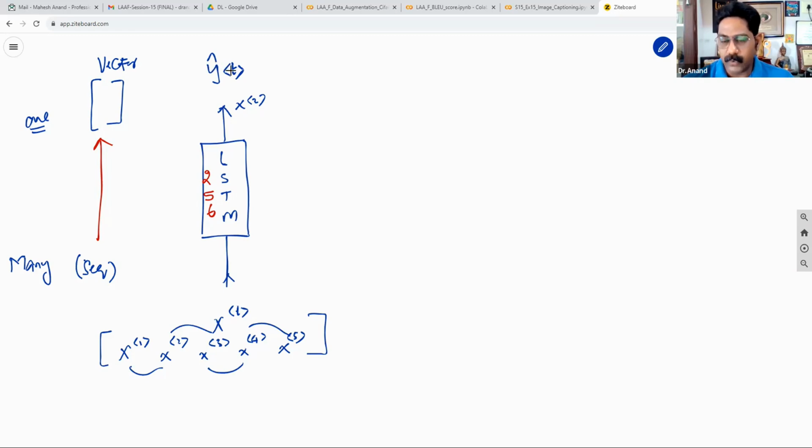Because every time your y cap of t is a vectorized representation based on your vocabulary. For the word sequence, if my vocabulary is 4000, the size is 4000 by 1, which is one hot encoding.